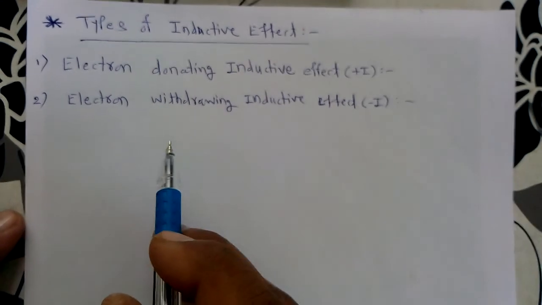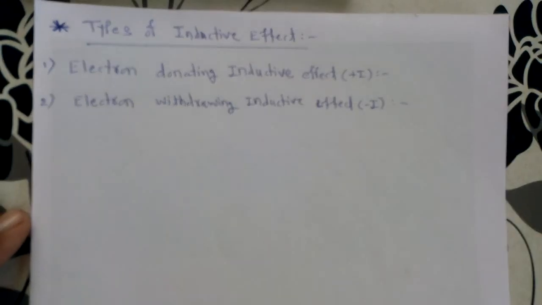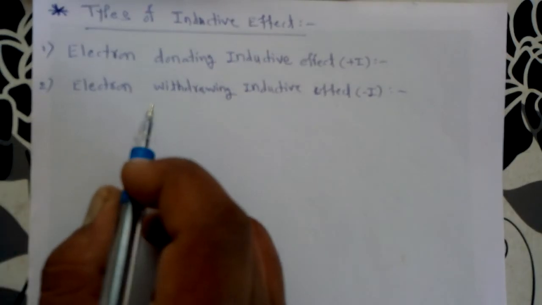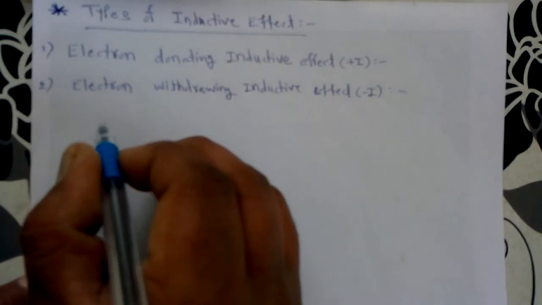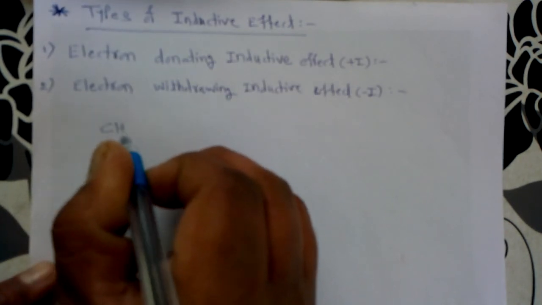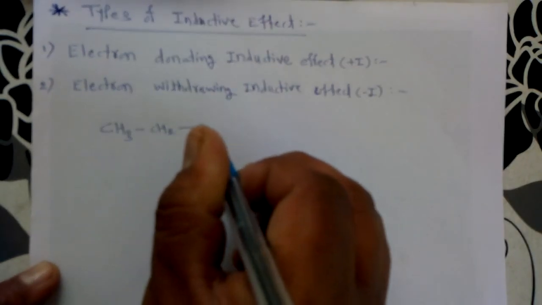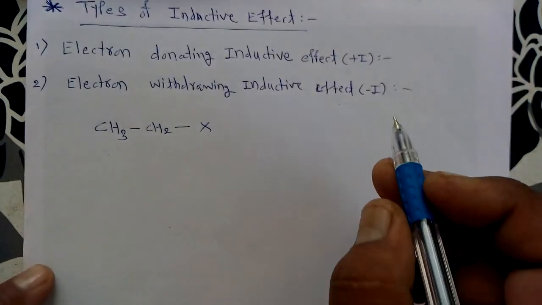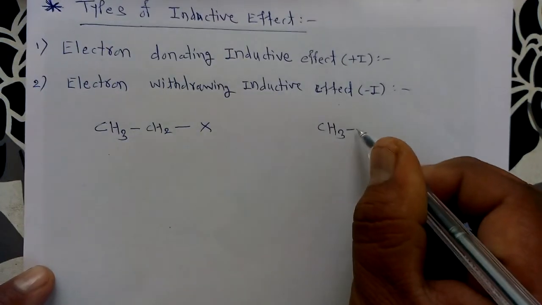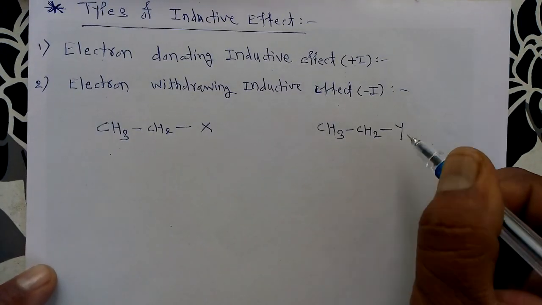Now the question arises, how is this inductive effect classified into these two types? The basis of classification of this inductive effect is very simple. Suppose we consider a simple general molecule CH3-CH2-X, and secondly I consider a second simple example, again CH3-CH2-Y.